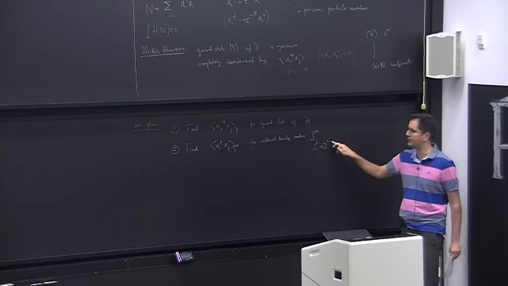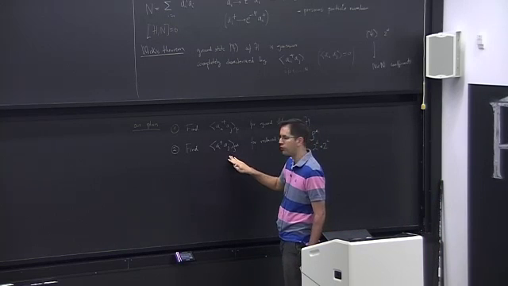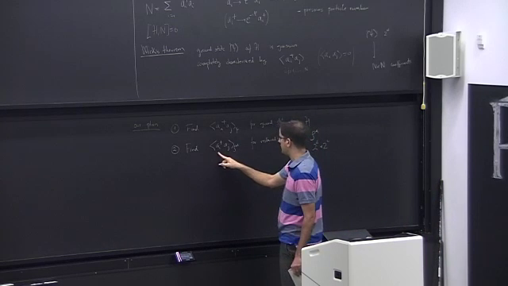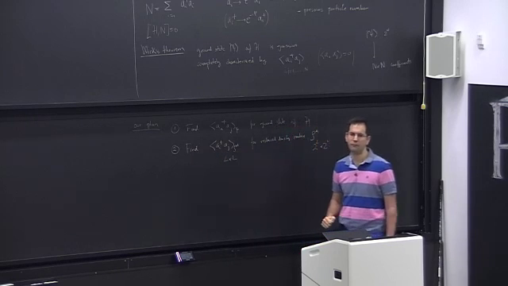But Wick's theorem tells us again that all we need to worry about is something that will have size L times L.